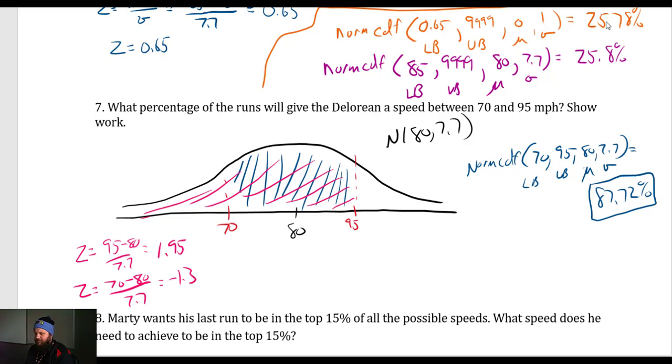Now, if you're just doing it this way, the easiest thing to do is, since I got red, we'll do this first one here, 95. So normal CDF from negative infinity to 1.95, with 0 and 1. That's lower bound, upper bound, mean, and standard deviation.